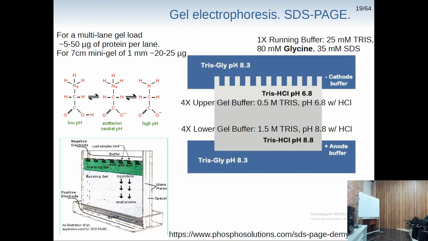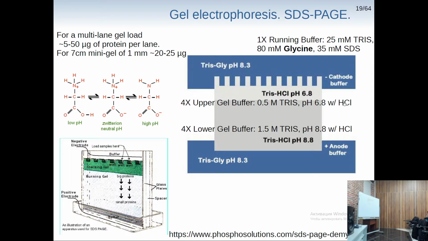For instance, we will use the water-soluble amino acid glycine in the cathode and anode buffer, but in the gel we'll have a different pair of ions. We'll have Tris, the same one, but we also have chloride here. So we have different charge carriers.